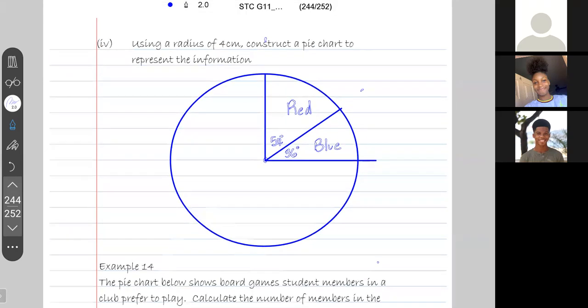So I'm going to my 72 degrees now. I have 10, 20, 30, 40, 50, 60, 70, and 72 would put me around there.